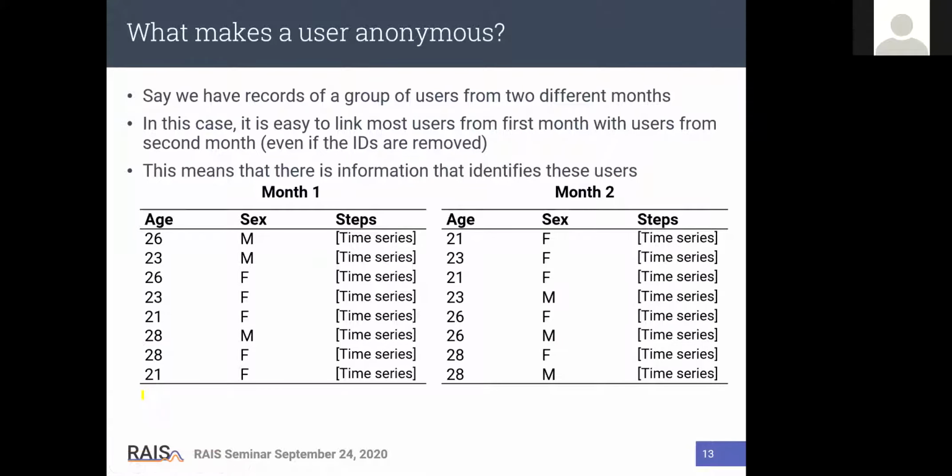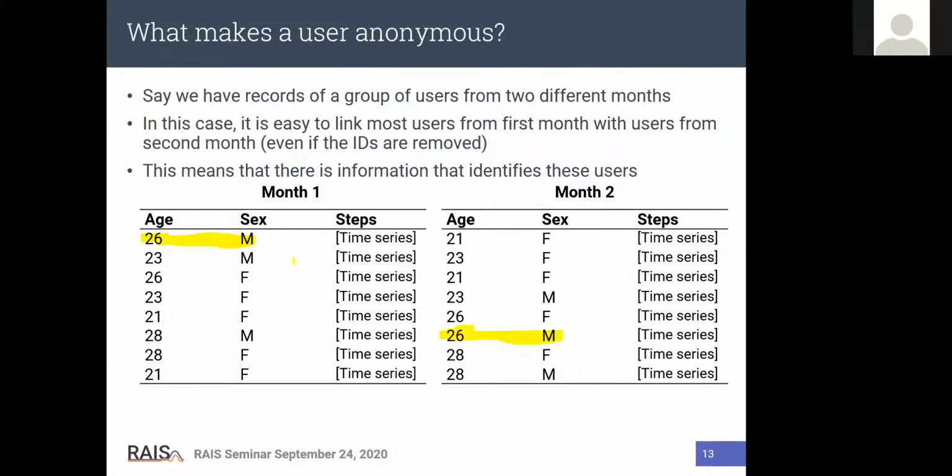For example, you see that this guy is 26 and male, and is the only one with this exact pair of attributes. And so we can see that on the other month, the record is this one instead.